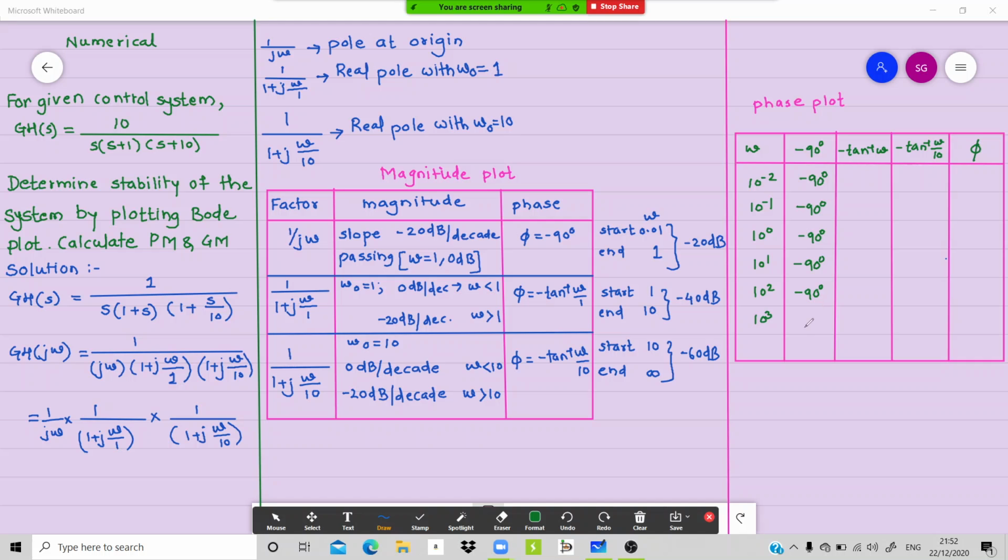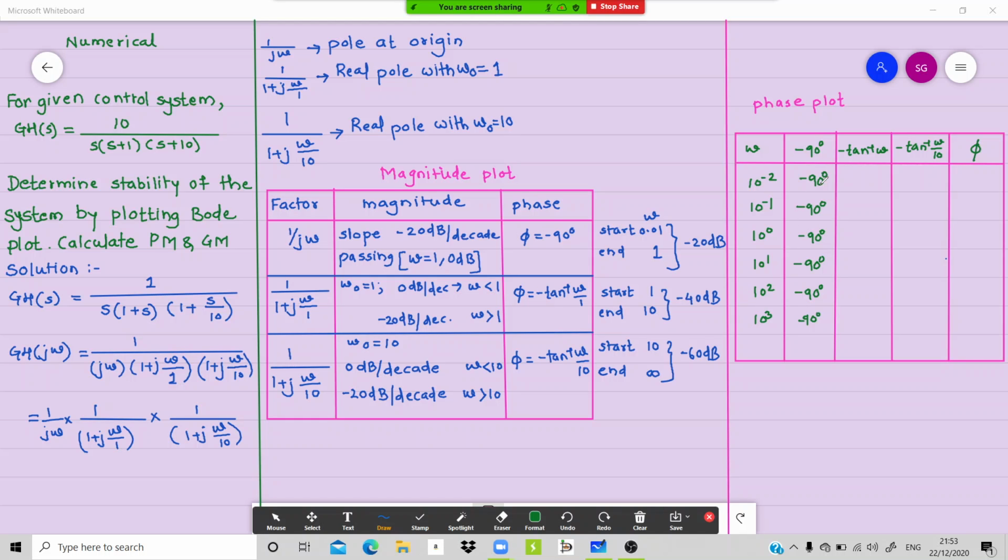And at initial stages, meaning till 1, this contribution is 90. The contribution of this is 0, because the phase is 0, and the contribution of this is also 0. So initially, meaning slightly more than 0, it is going to be 90.